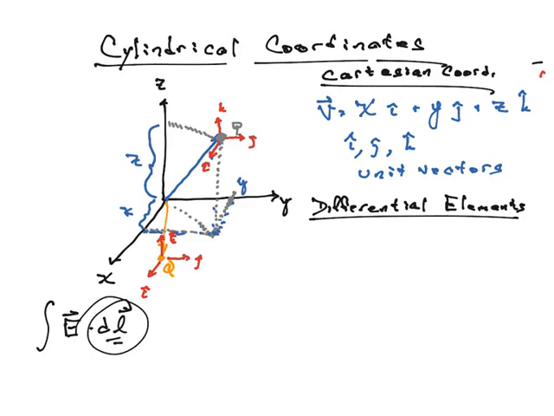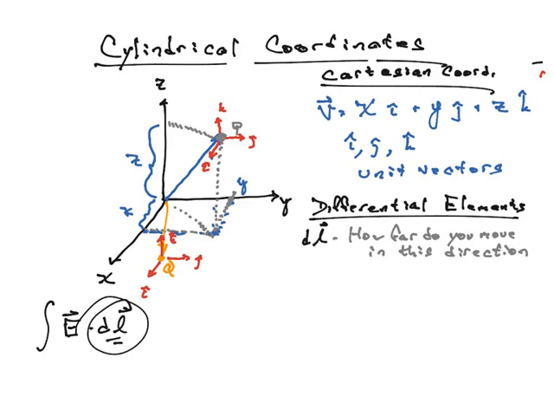What we mean by dl usually means something like how far do you move in this direction? Okay. So it's a vector, which means it's got directions to it.